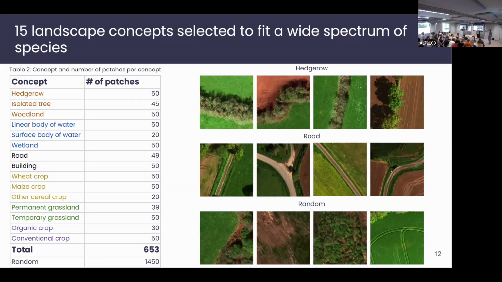So two things. First thing about the edges, of course, this is a set of concepts that we chose and it's not perfect, but you could always choose to center the patches on these edges. So the definition of the concept is whatever you want.